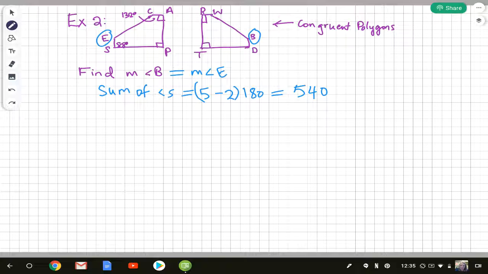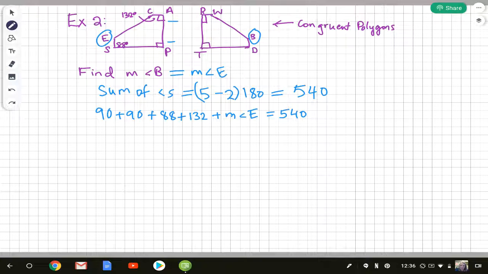That's the interior angles. So what I'll do is take the ones I know. I know I have 2 right angles, those are measured 90. 90 plus 90, that's A and P. And then I'm going to add the other 2 I'm given, so 88 degrees plus 132 degrees plus the measure of angle E, whatever that is. We don't know. That should equal 540 degrees.